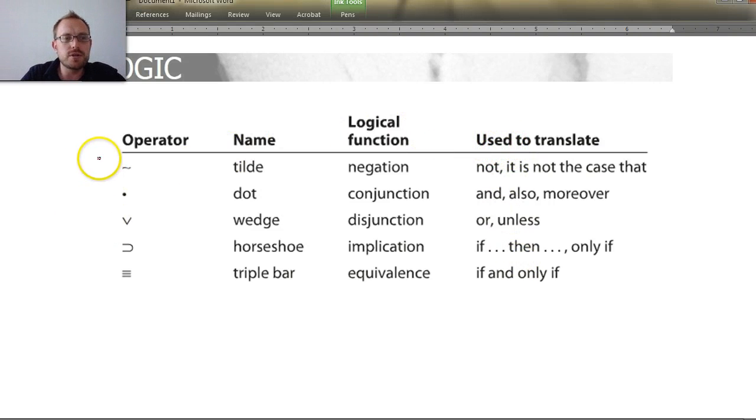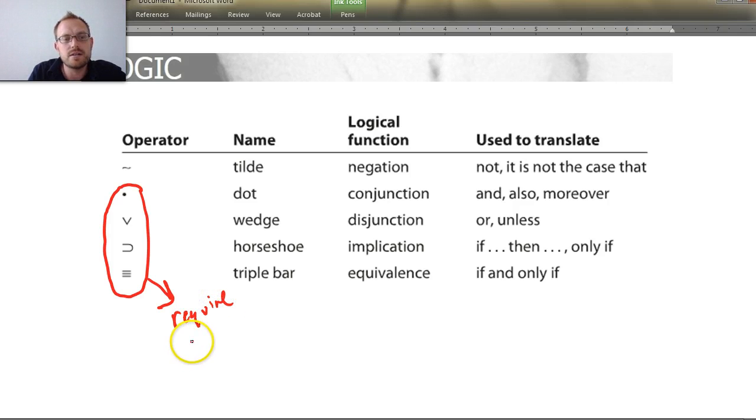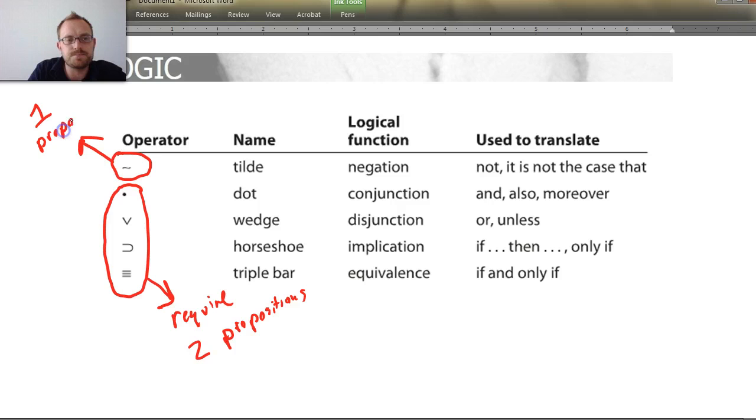One of the things you'll notice here is that all of these, the dot, the wedge, the horseshoe, and the triple bar, all of these require two propositions. Whereas this one up here only needs one proposition, right?